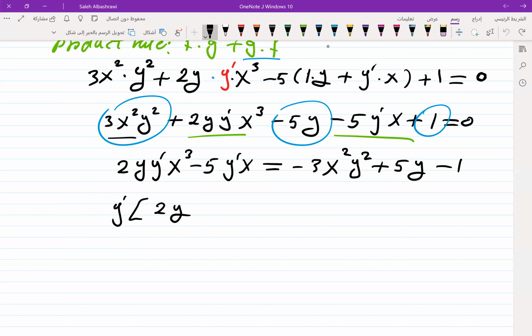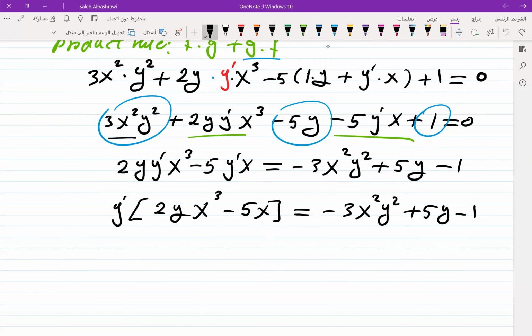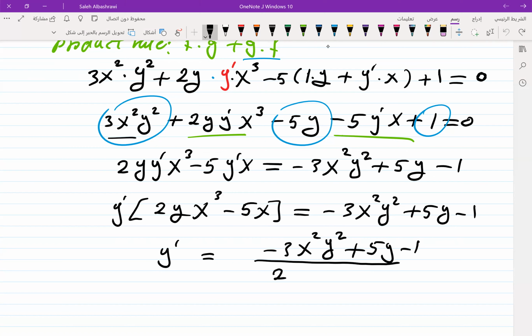So it will be y prime times (2x to the power 3 minus 5x) equal to minus 3x squared y squared plus 5y minus 1, or y prime will be minus 3x squared y squared plus 5y minus 1 divided by 2x to the power 3 minus 5x, and that is the derivative.